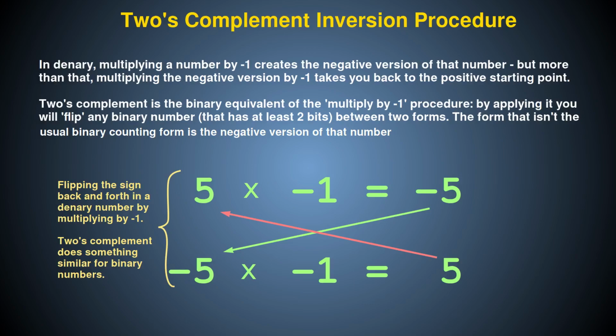The 2's complement method is not simply a format for representing a negative number. Instead, it is a procedure for negating or inverting any binary integer. That is, for multiplying any binary integer, whether positive or negative, by -1, thereby flipping its sign.